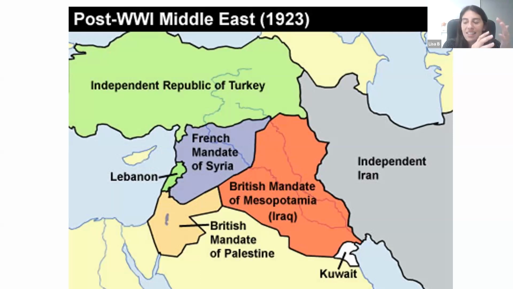It won't get statehood independently until 1946, but already in 1921, it's basically earmarked as Jordan. It's going somewhere else. We're going to ignore that part, okay? So we're going to focus on this little chunk.